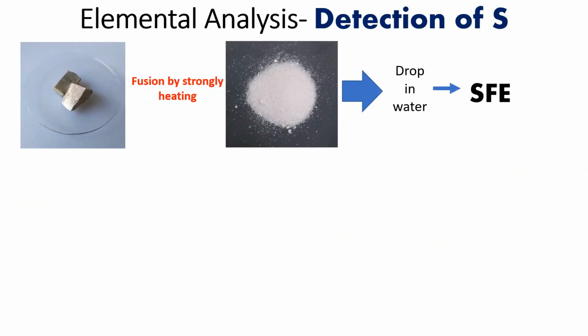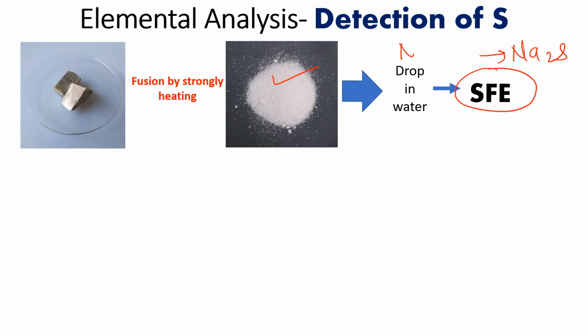Now the next important test is the test for detection of sulfur. If my compound has the element sulfur in it, then that sulfur has been taken up by the sodium metal in the form of sodium sulfide.